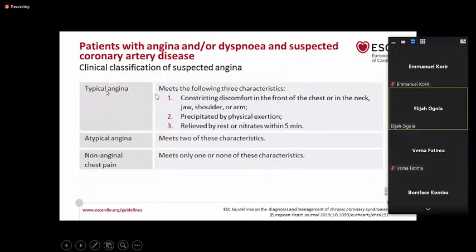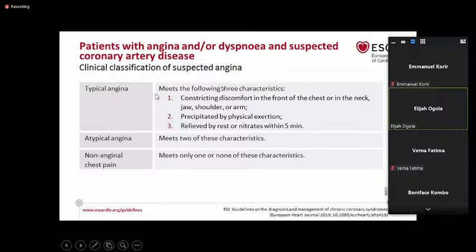So it tells you here that typical angina meets the following three characteristics: constricting discomfort in front of the chest or in the neck, jaw, shoulder, or arm, precipitated by physical exertion and relieved by rest or nitrates within 5 minutes. We'll talk about nitrates when we get to treatment. So if it meets these three criteria, that is typical angina.